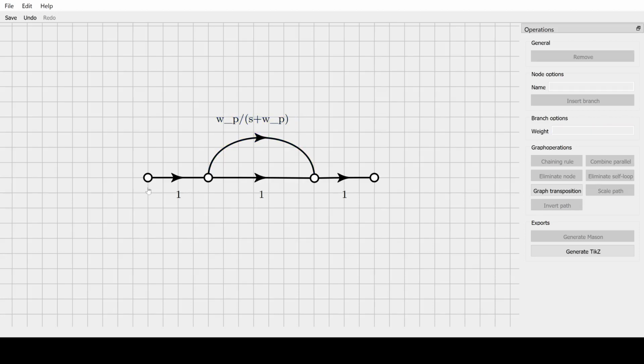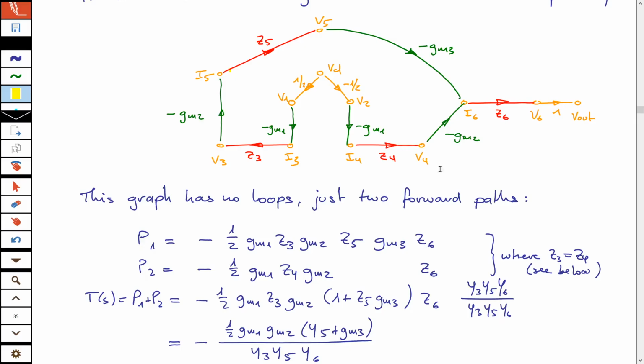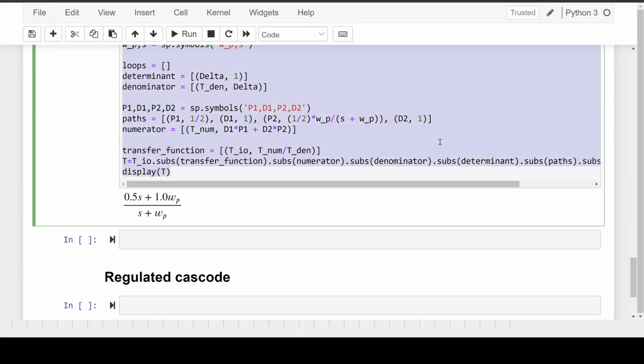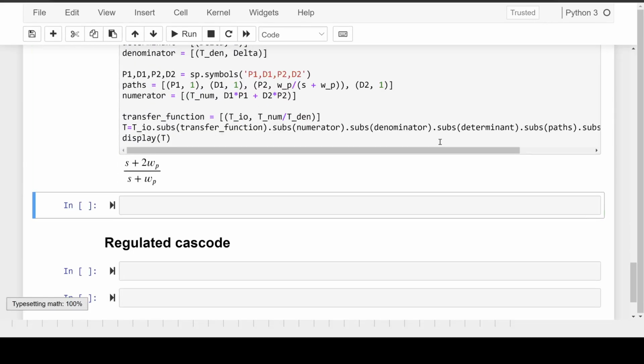If I do it like this, generate Mason again, overwrite, calculate again, the result is now much clearer, because the factor of 2 is not in it.